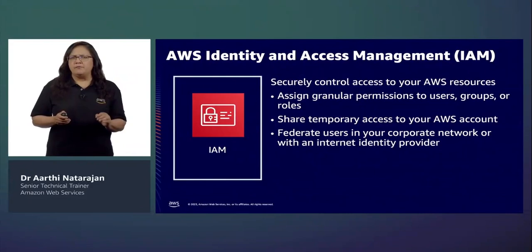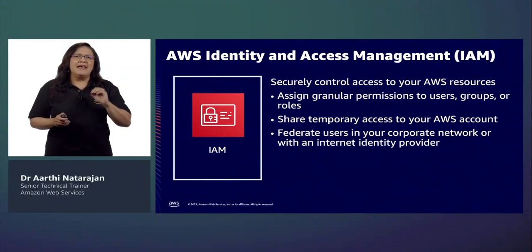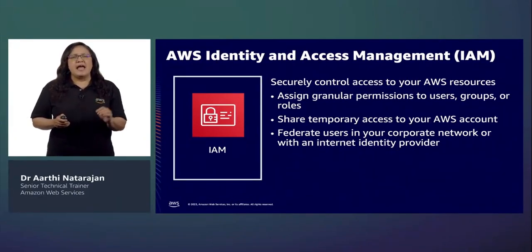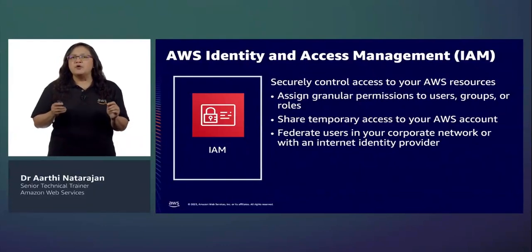Let's now talk about how we can use the AWS service Identity and Access Management, or IAM, to authenticate users and control their access to the different AWS services and resources. AWS IAM gives you the ability to securely control access to your AWS resources.